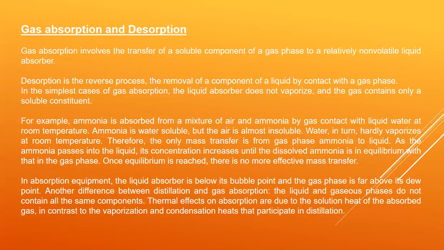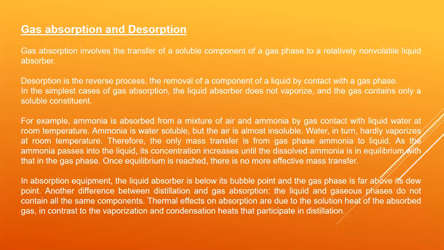As the ammonia passes into the liquid, its concentration increases until the dissolved ammonia is in equilibrium with that in the gas phase. Once equilibrium is reached, there is no more effective mass transfer in this particular example. In absorption equipment, the liquid absorber is below its bubble point, so it's not about to boil, and the gas phase is far above its dew point.